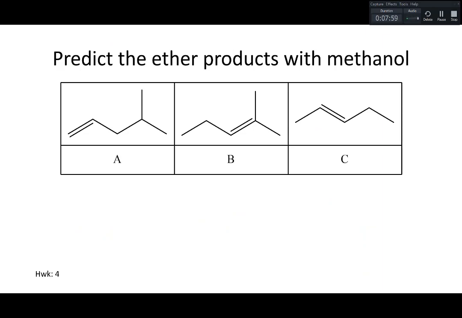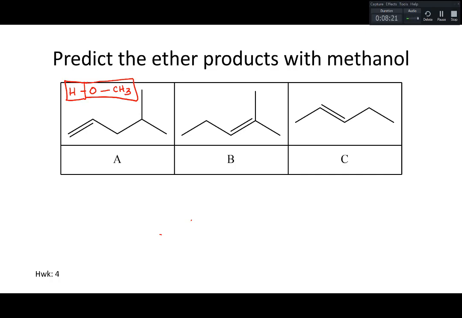Now, if we want to do the prediction with methanol, you have to be a little bit more careful about how you do this. Methanol can be drawn out like this. One side's going to get an H, and the other side's going to get the OCH3.